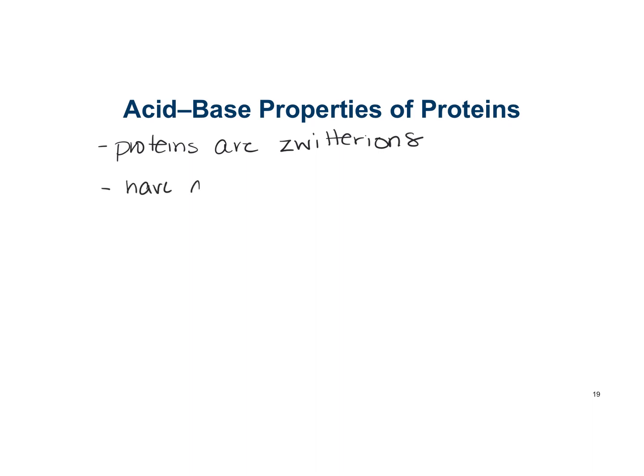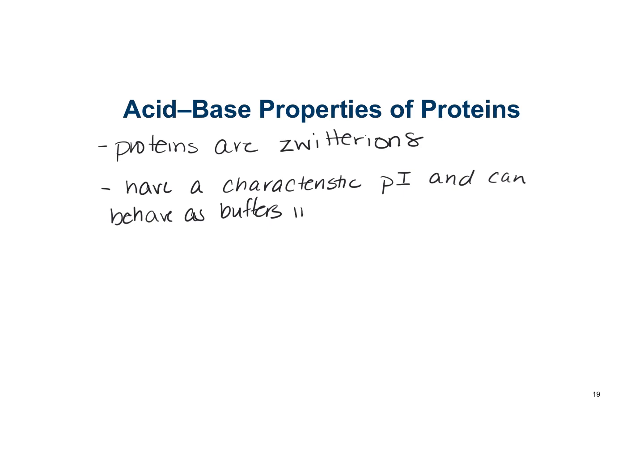So they have a characteristic isoelectric point and can behave as buffers in solution. Now, they can be in solution or form stable colloidal dispersions, which is honestly what we most see.